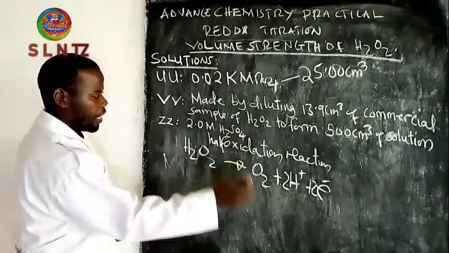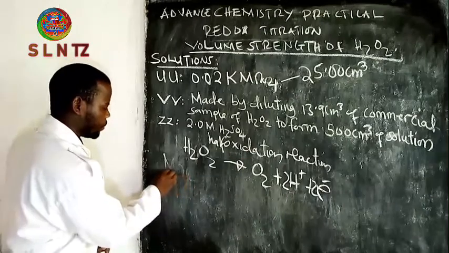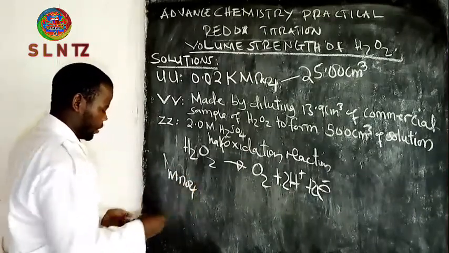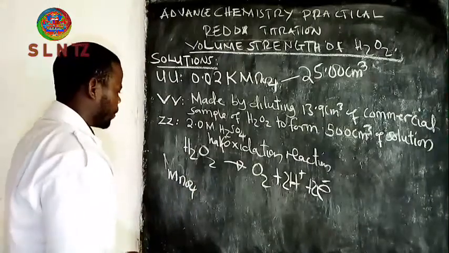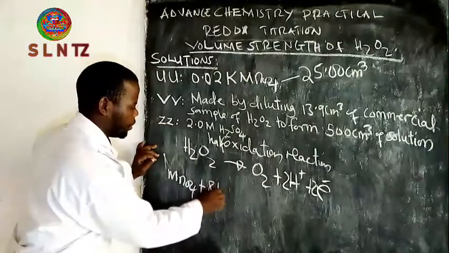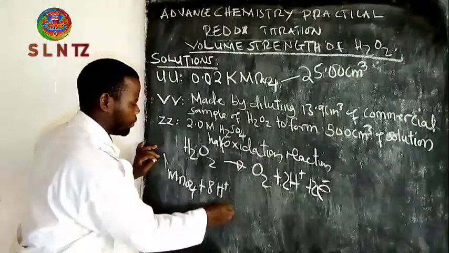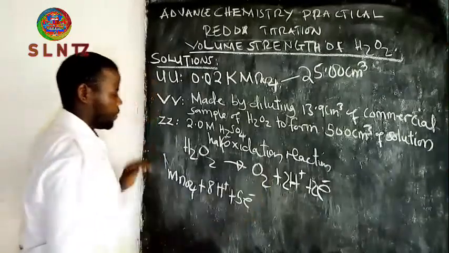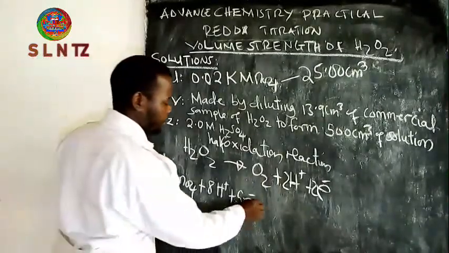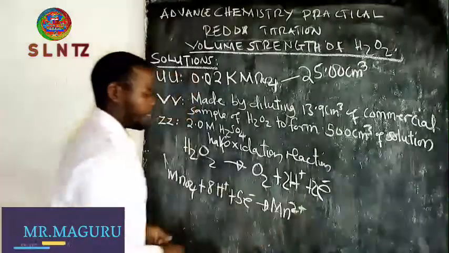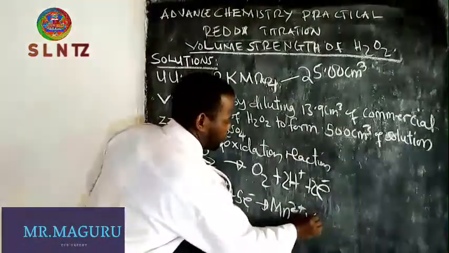When you put the half reduction, it means MnO4 negative reacts with 8 hydrogen ions, reacts with 5 electrons, and the product will be Mn2 plus plus 4 water.